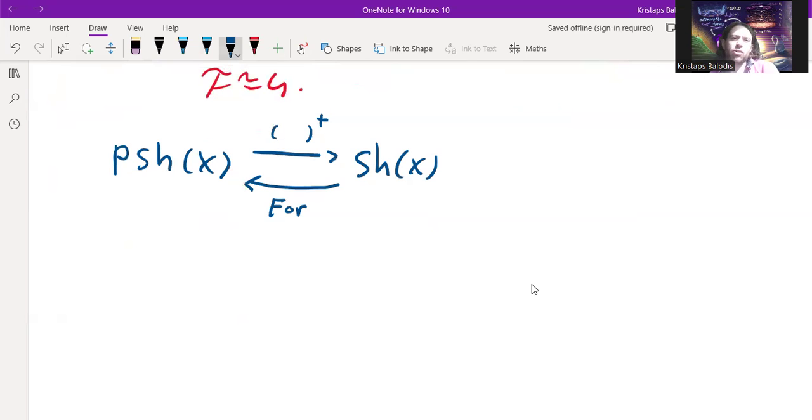Now, in general, we already know it seems like these two categories aren't quite the same, right? So we've got this pair of maps, and you might wonder if they're inverses to each other. I mean, we have seen the example of continuous bounded functions being a pre-sheaf that isn't a sheaf, and then sheafifying that gives us the continuous functions.